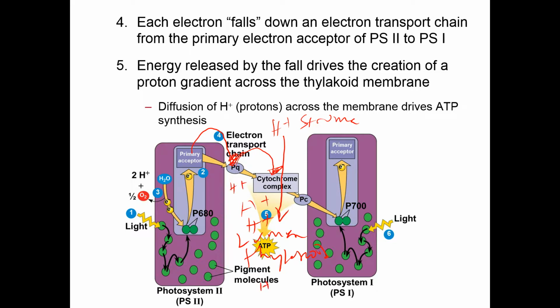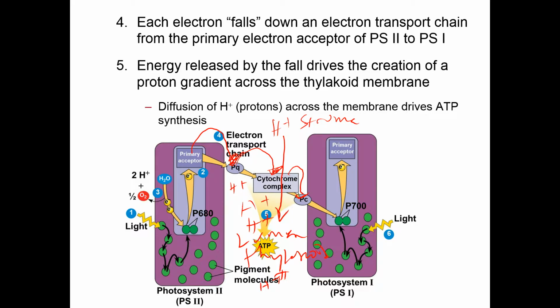So we build up this huge concentration of protons in the lumen of the thylakoid. Those electrons are then transferred from the cytochrome complex to this membrane protein, plastocyanin.